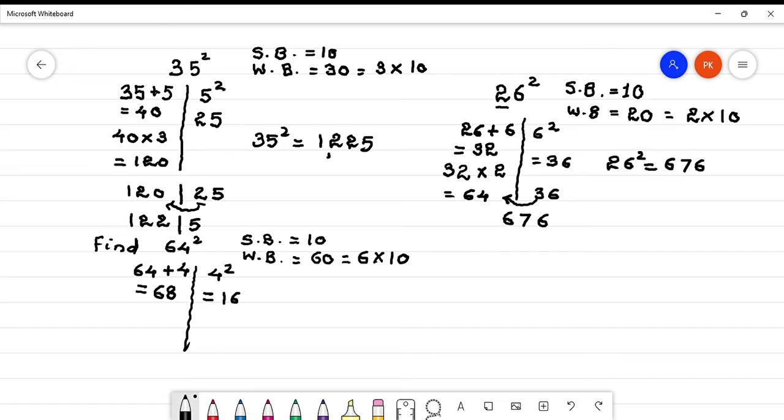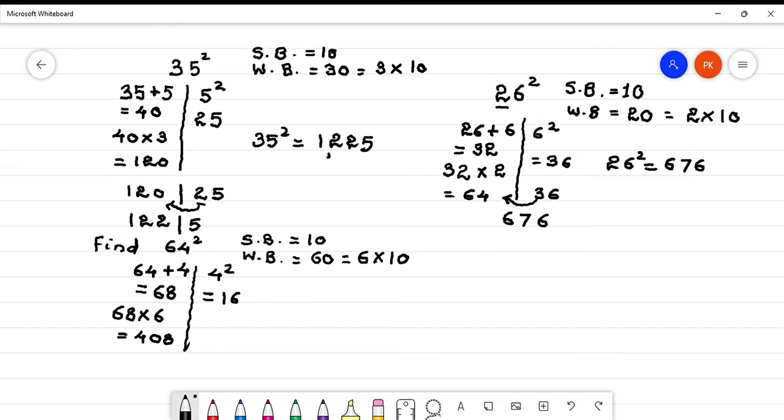Now, the working base is 6 times the standard base. So, multiply 68 by 6. How much is that? 68 multiplied by 6 is 408.